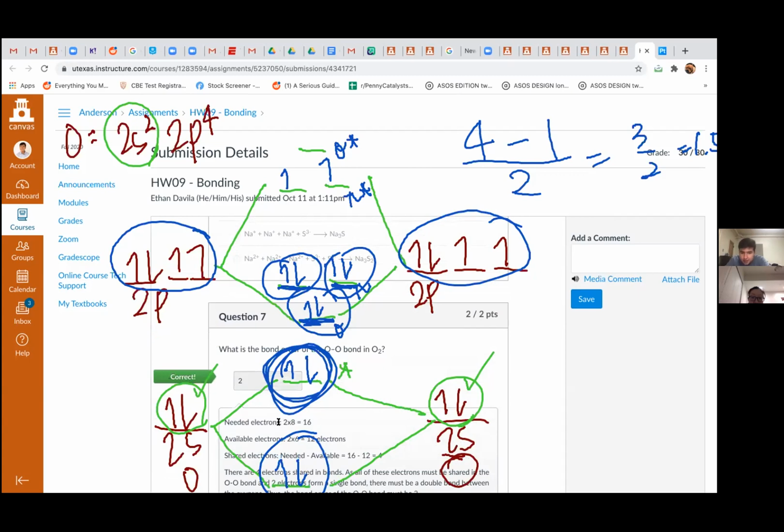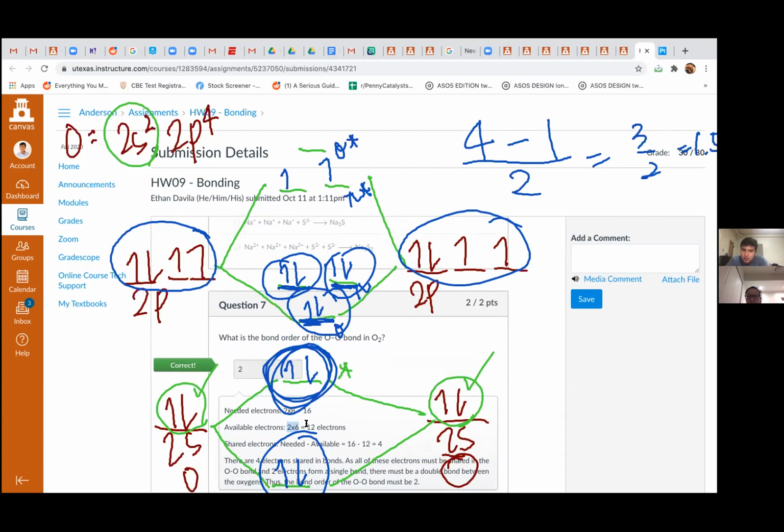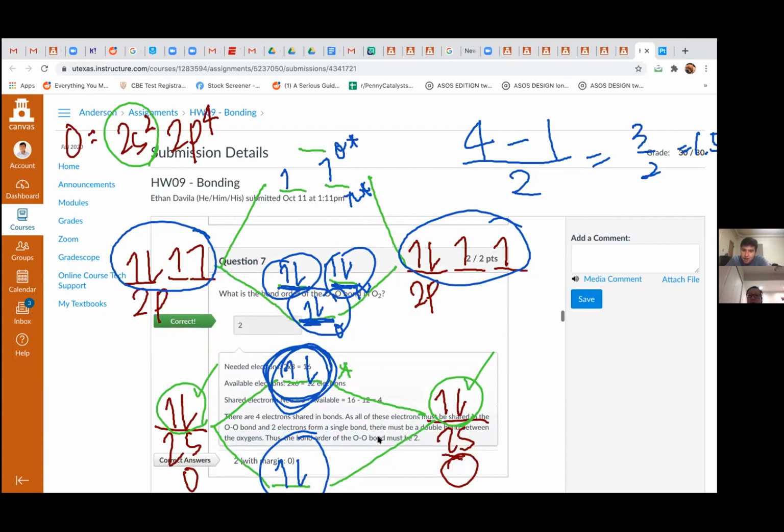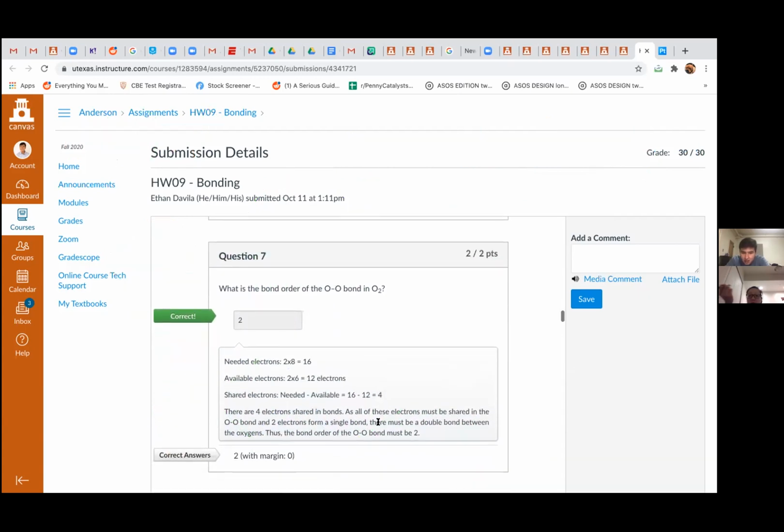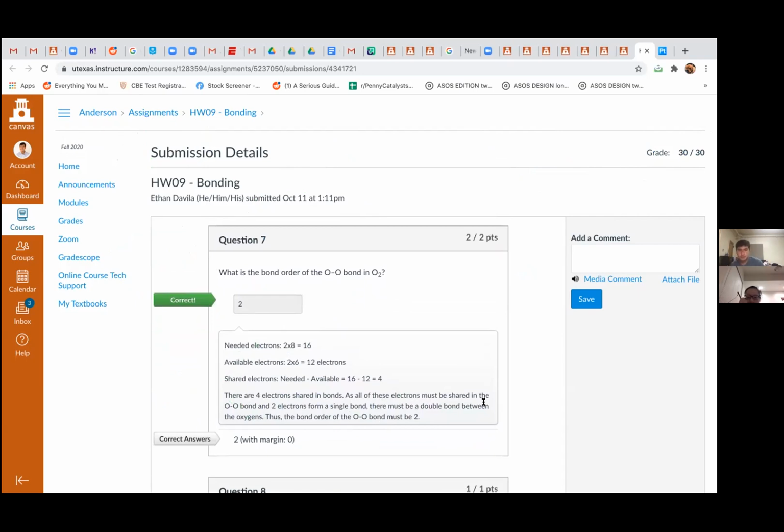It says needed is 16, 2 times 8, then available is 2 times 6. So I get 4. Hold on, let me see what they're doing. Needed electrons. Okay, yeah. I guess that's the shortcut.